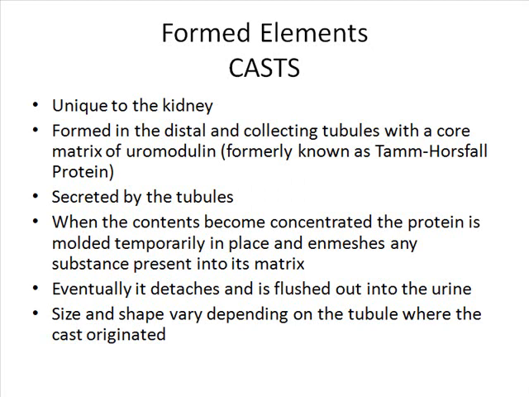Now casts are unique to the kidney. They are formed in the kidney as the Tamm-Horsfall protein comes down through the tubules. What happens is that matrix will make the cast. Now, as the cast is flushed out with the urine, it will determine the type of cast it is.